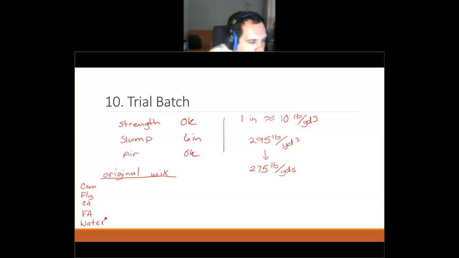Okay, and we really had an original mix where the cement was 18.21, the fly ash was 4.55, the coarse aggregate was 80.74.